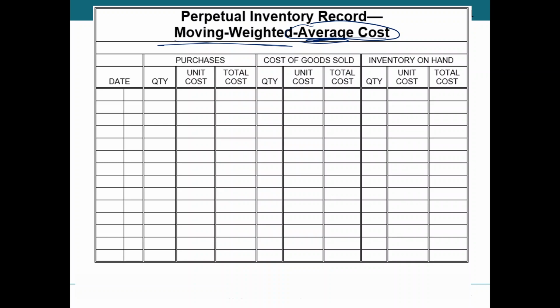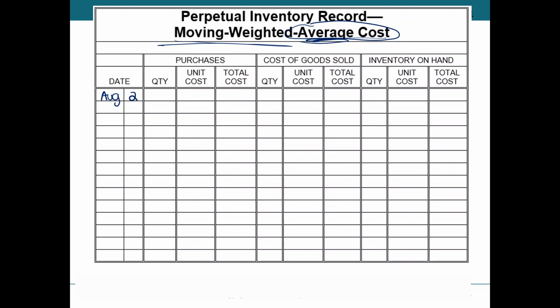Okay, so same question. The first thing that we start with is the purchase on August 2nd. So this will look the same as it did under the FIFO. Your purchases column will be the same under both methods, but the inventory on hand and cost of goods sold is different as we go under this method.